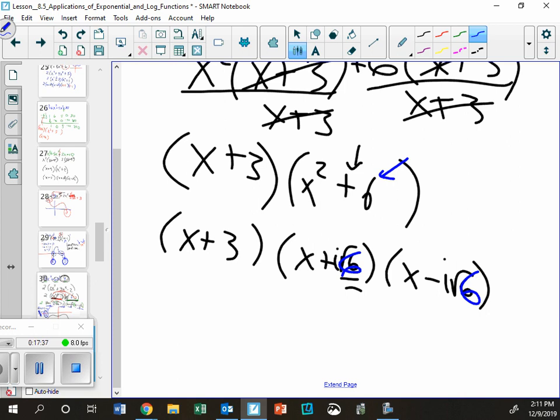You would definitely need that square root. The reason I know is because you have to multiply it back out, and this times this would not make 6 unless those were square roots of 6. Otherwise this would have to be a 36 to use regular 6s.